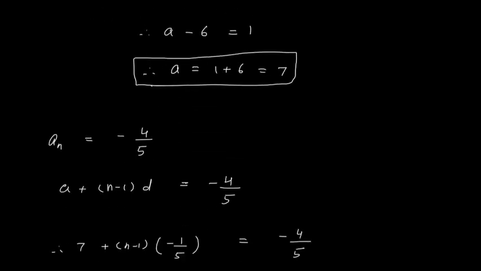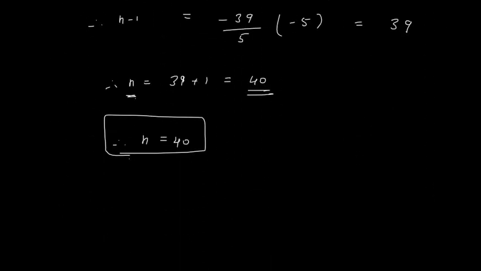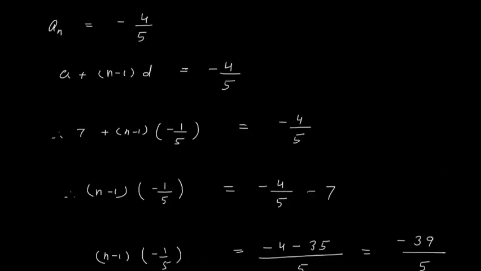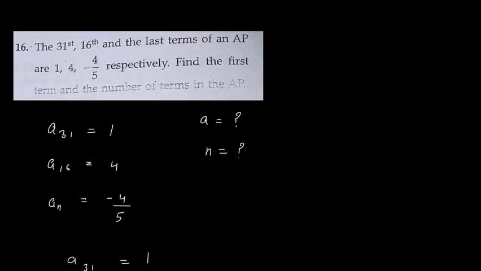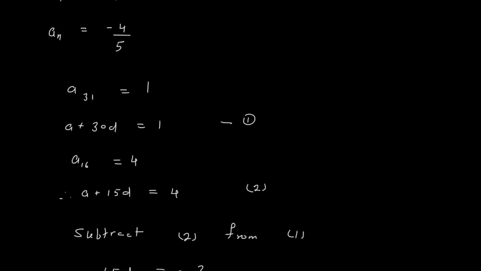It should be more than 31. Now it is 40. This will be the right answer. If you want, you can check by finding A40, and you will get the answer as minus 4 divided by 5 only, right? So this is your question number 16.